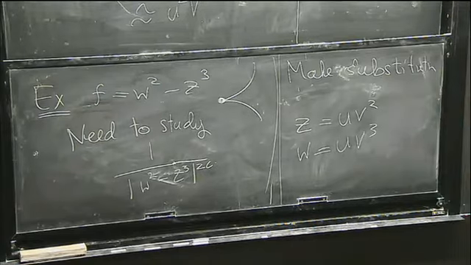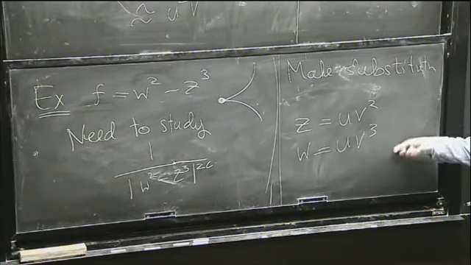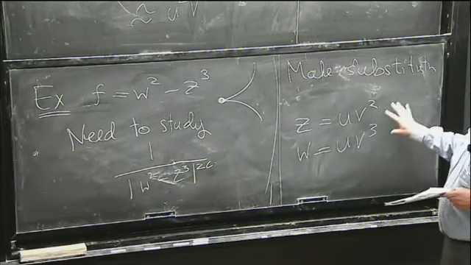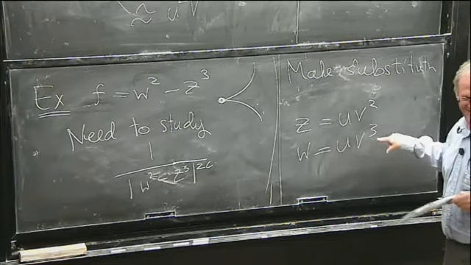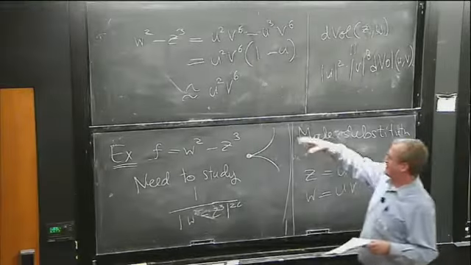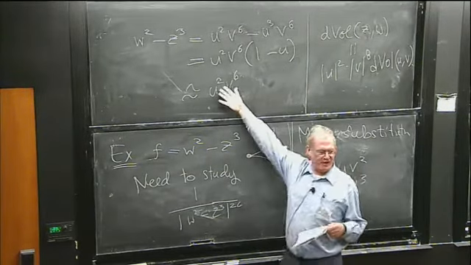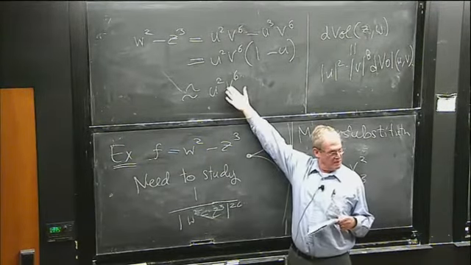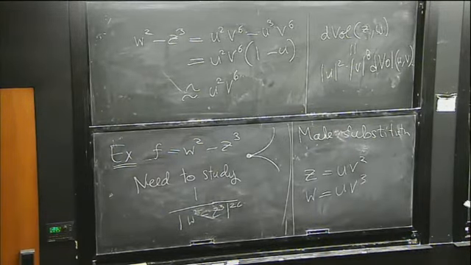Okay. So of course, what made this thing doable is that you write z in terms of new variables u and v, and that has the effect of making everything monomial, up to this term that doesn't vanish at the origin. And by the first computation we did, once everything is monomial, you can just read it off the exponents.